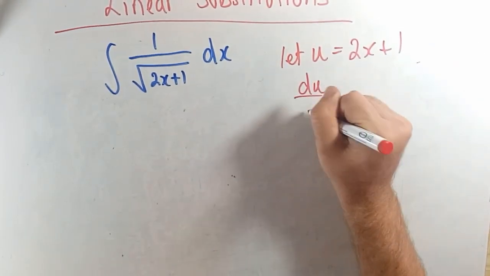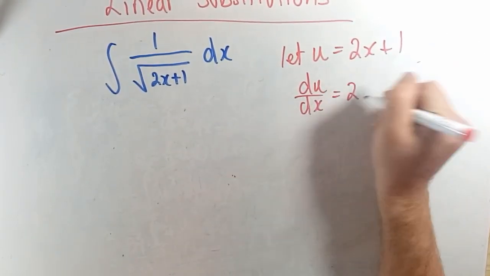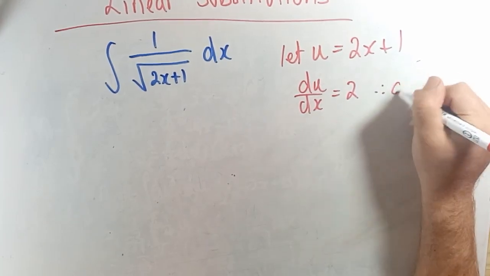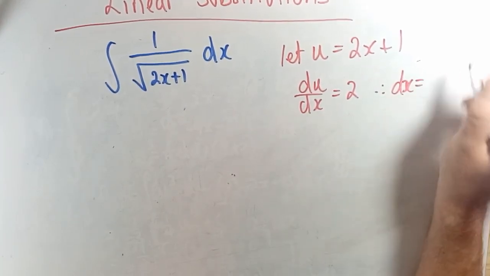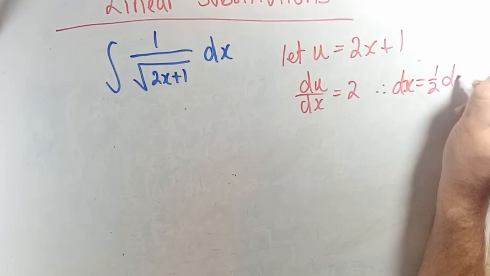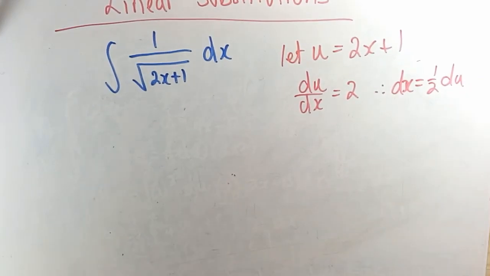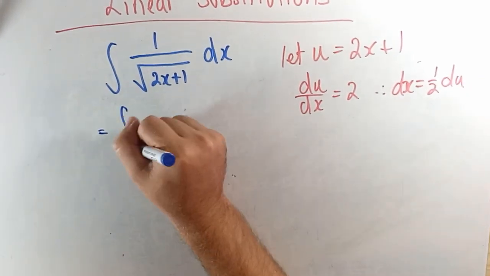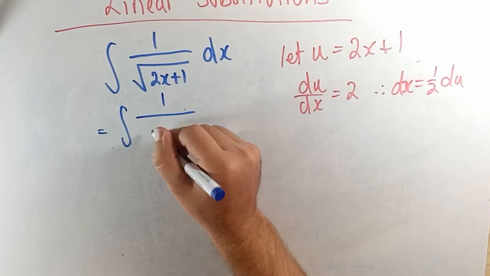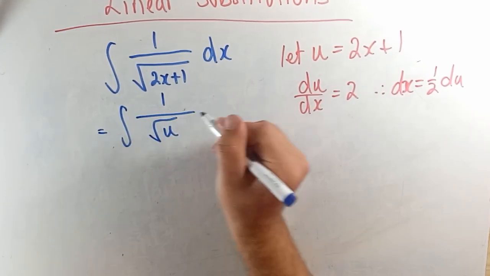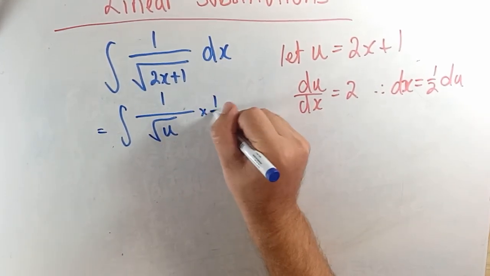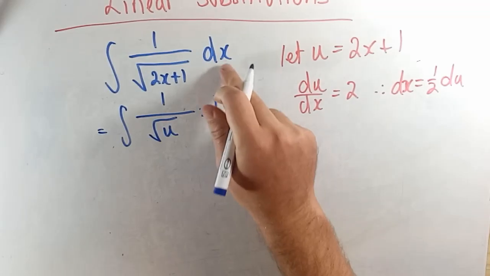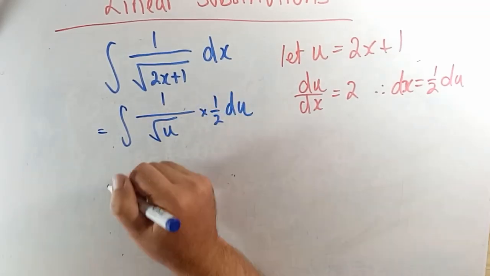Then du dx equals 2. Therefore, dx is equal to 1/2 of du. So let's make that substitution all in one step: 1 on square root u times 1/2 du, replacing this dx with 1/2 du.